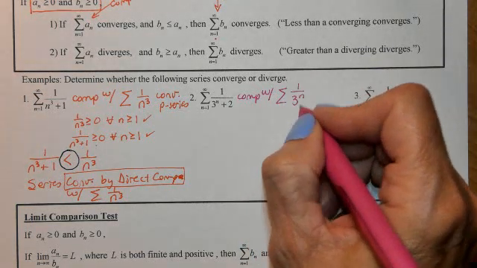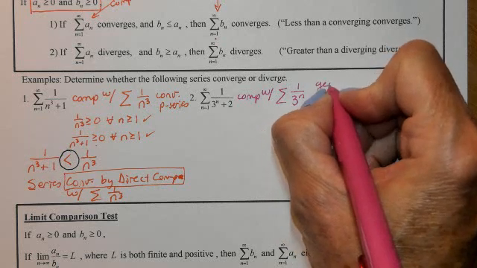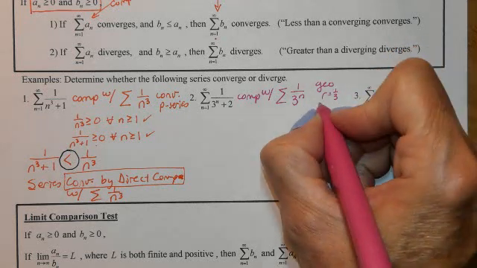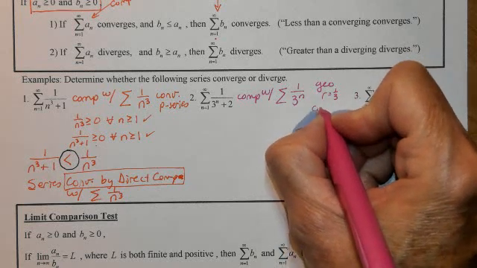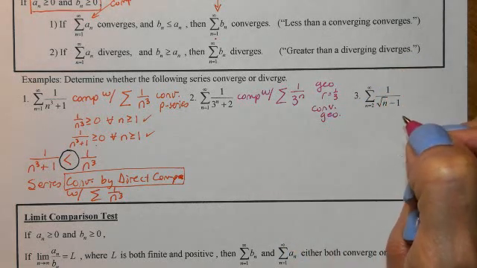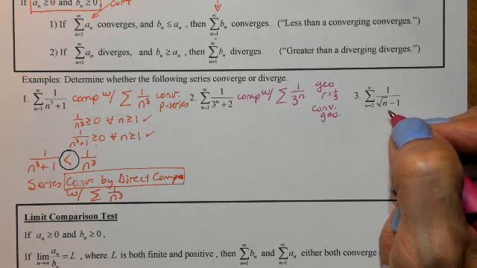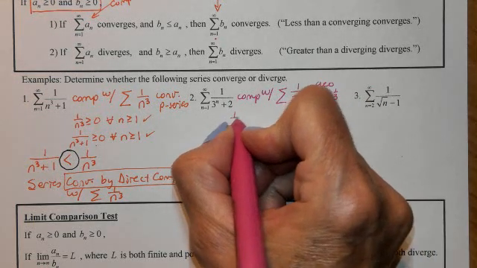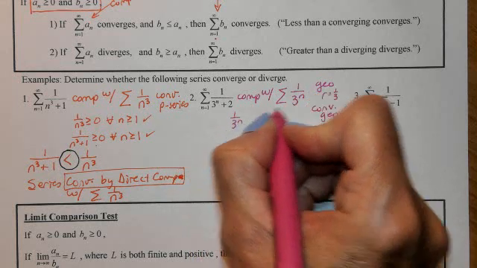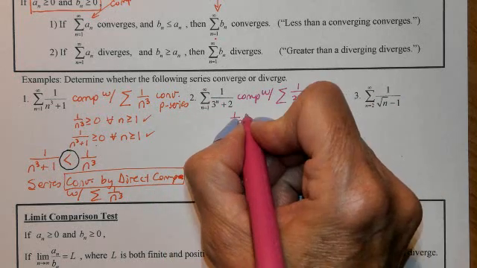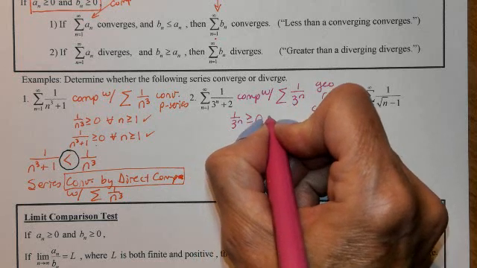This is a geometric series. r is 1/3. So this is a converging geometric series. Condition time. 1 over 3 to the n for n from 1 to infinity is always greater than or equal to 0.